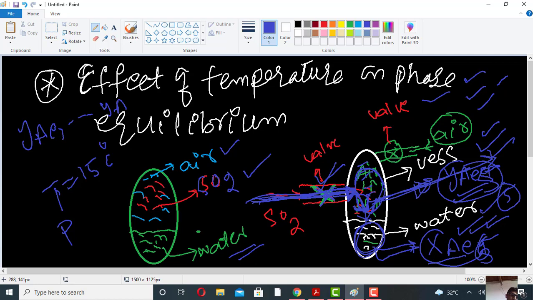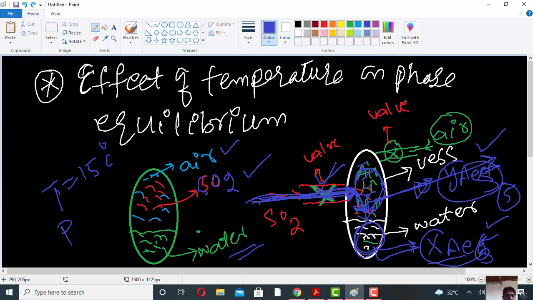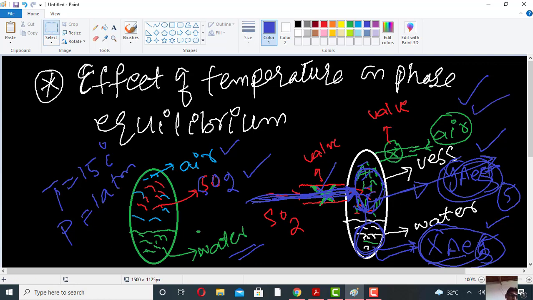Suppose we did 7 experiments, YaE7 and XaE1 to XaE7. So this was the system at 15 degree C and 1 atm. Now we plot a graph. First of all we make a table from the data of YaE and XaE of various experiments.